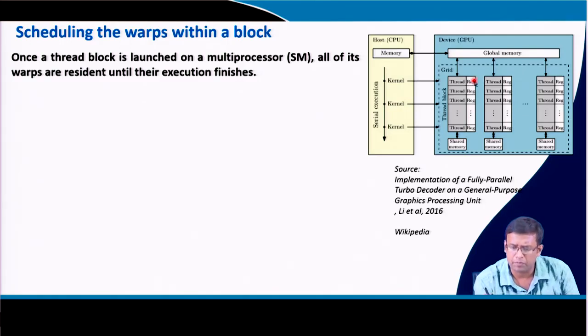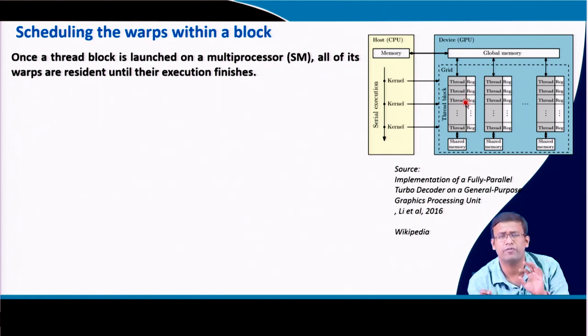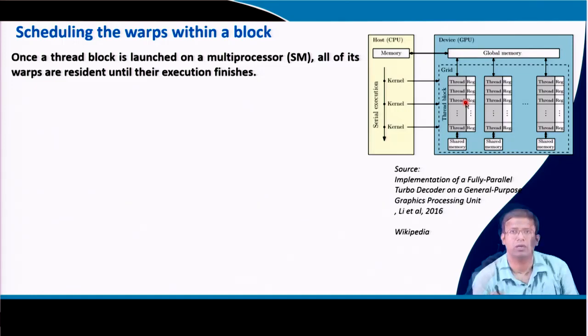Therefore, each of these threads gets some registers. Some register memories are assigned to the variables given to the threads, and these register memories are on-chip memories attached to the streaming multiprocessor. They can be read very fast.